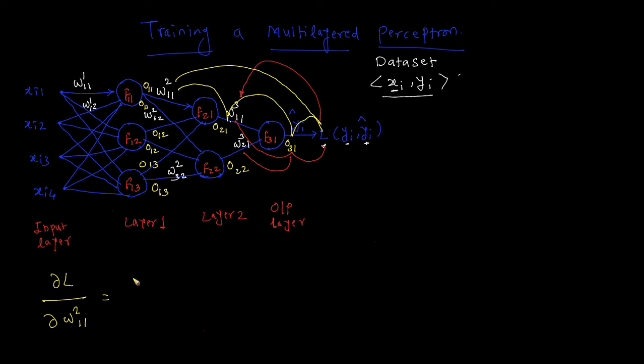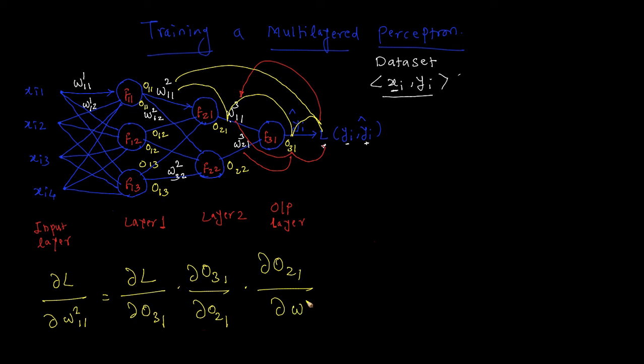So it is equal to the derivative of loss with respect to O31, because this O31 is being transmitted here, and then the derivative of O31 with respect to O21, and finally the derivative of O21 with respect to W211.